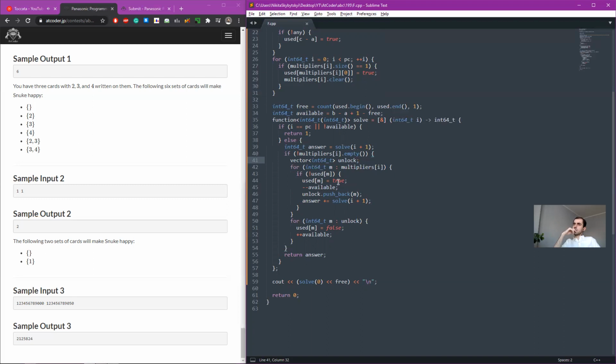I don't understand where we are double counting, to be honest with you. This is kind of confusing. When we go to the recursive branch, we clearly say what we used and what we haven't used.